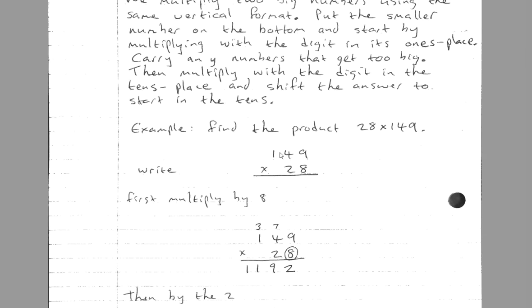Okay, I'll put the big number on the top, 149, the small number 28 on the bottom, and again everything has to be lined up nicely. Here are the ones, here are the tens, any hundreds go here.